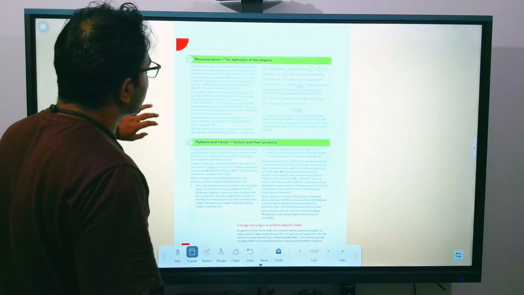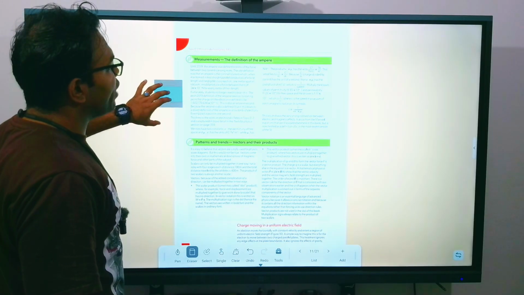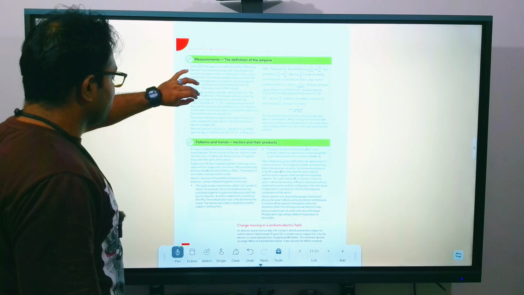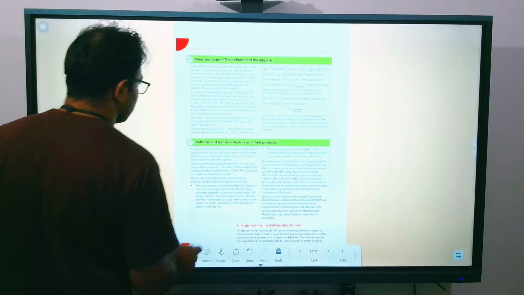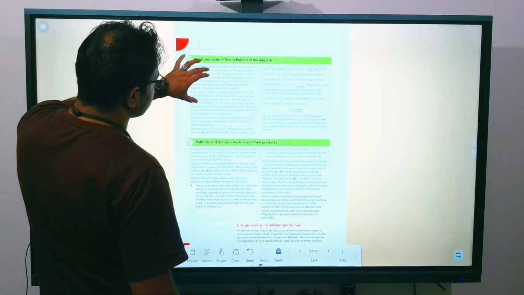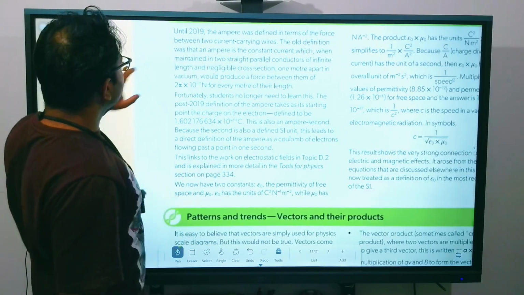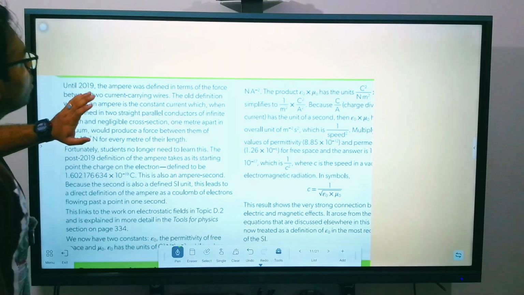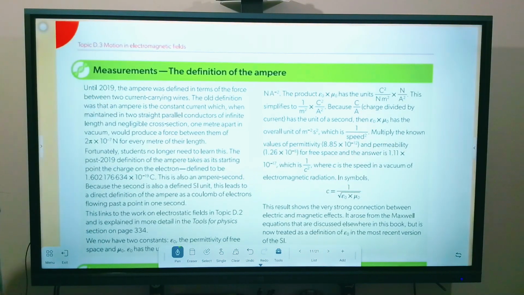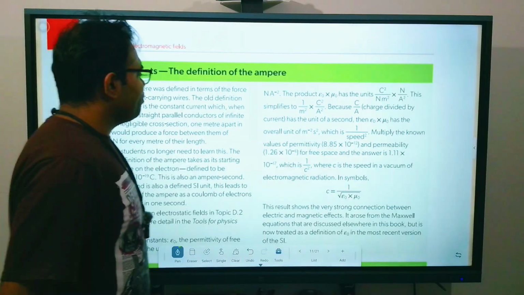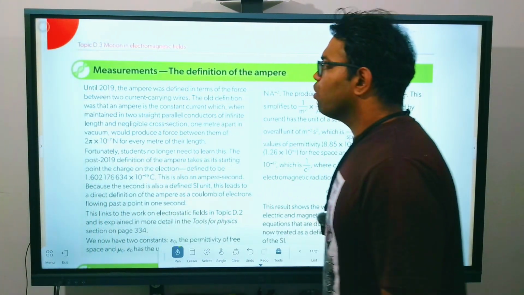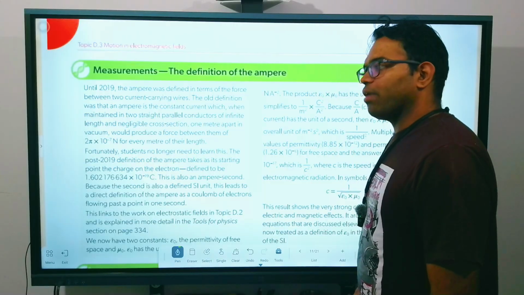Okay. So measurements, the definition of an ampere. We are going to understand what an ampere actually is. Until 2019, the ampere was defined in terms of force between two current carrying wires.